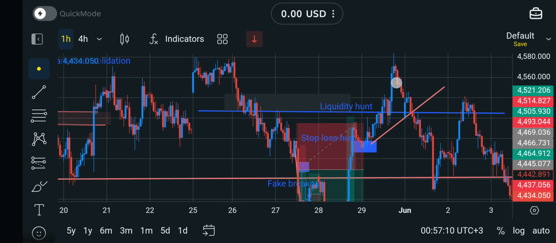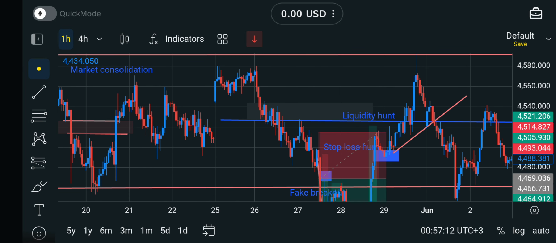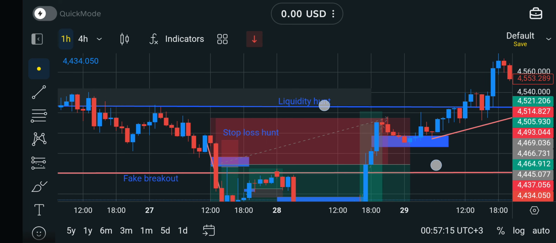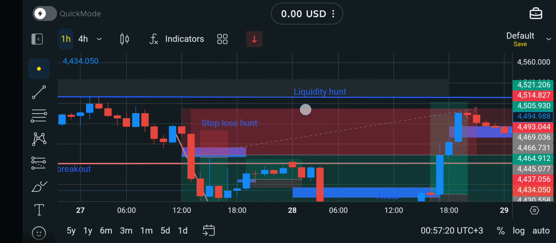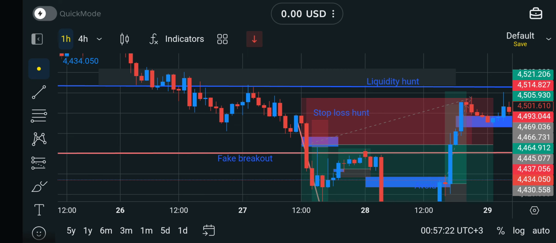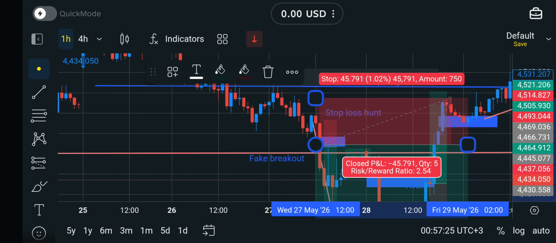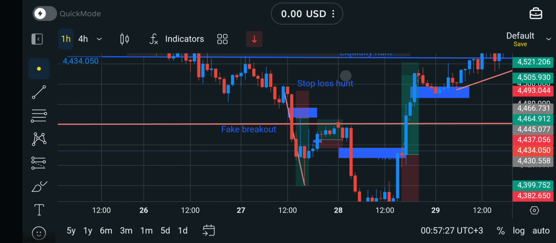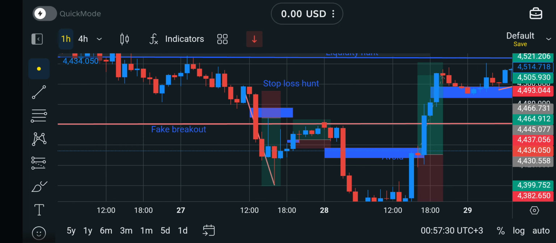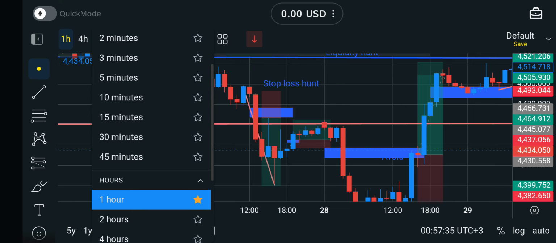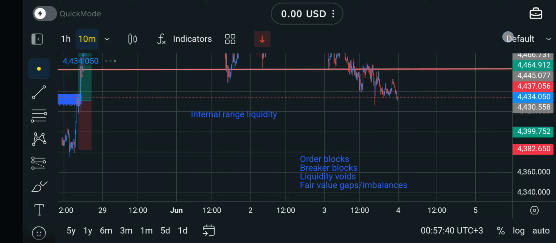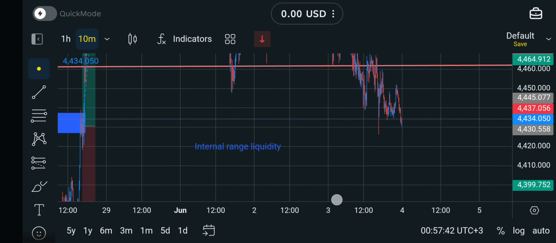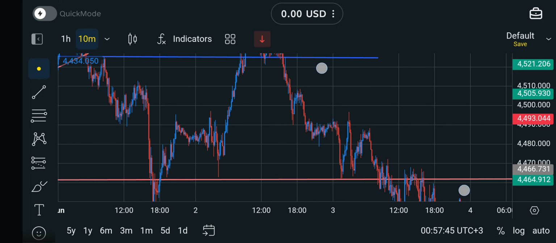Let me show you here, there are some entry zones. Let us go to a 30 minutes time frame to have a very clear view.